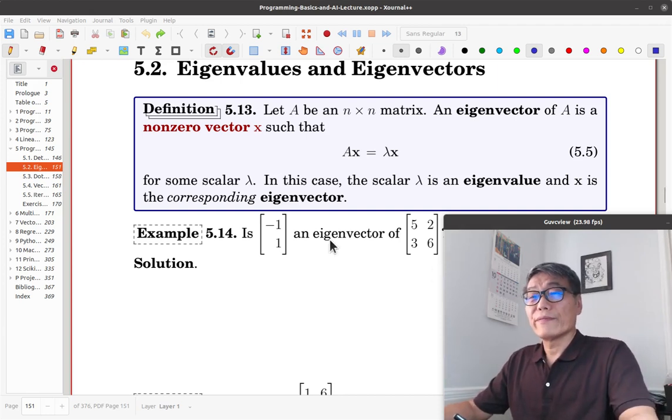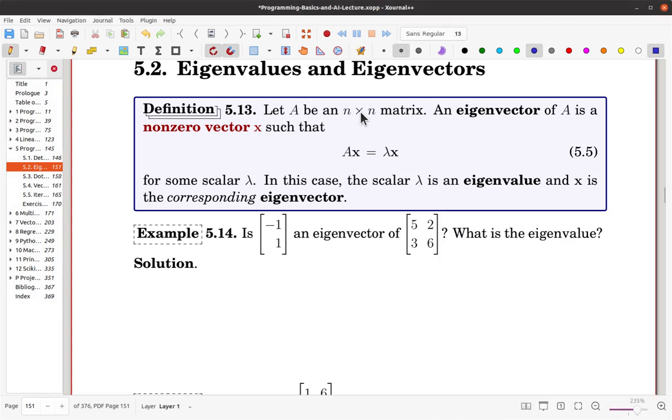Eigenvalues and eigenvectors. These are defined for square matrices, like determinants. A is an m by m matrix. An eigenvector of A is a non-zero vector x such that Ax equals lambda x for some scalar lambda.